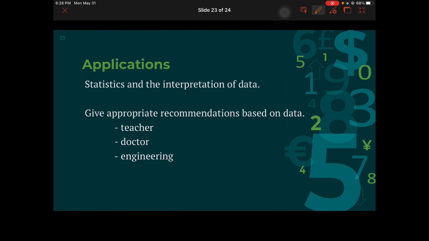How about for doctors? When we say that recoveries in a day are at the percentile rank of 80, that's high. It means we have a lot of recoveries in a day for COVID. So that's good news, right? Many are recovering in hospitals. How about for engineering?